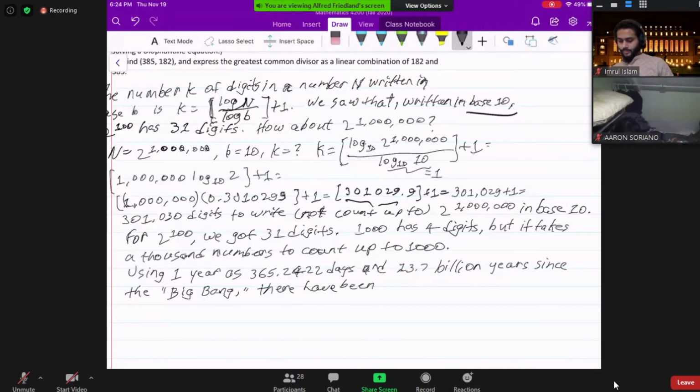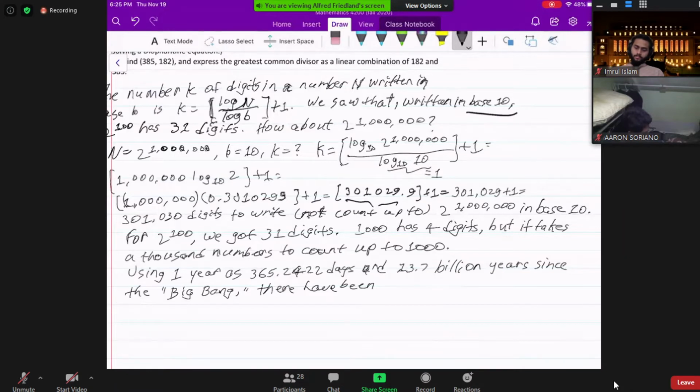Okay, so in 1 minute, there are 60 seconds. In 1 hour, there are 60 minutes. So that's 3,600 seconds in an hour times 24 is the number of seconds in a day, times the number of days in a year, 365 and so on, times the number of years, 13.7 billion.